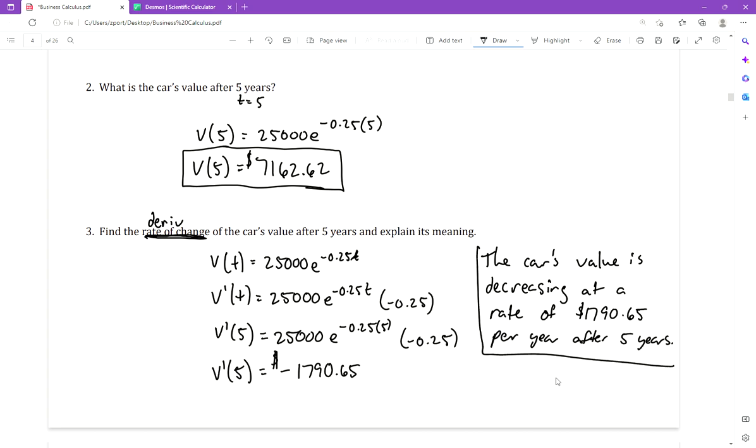Okay, because they did t equals 5, so after that amount. So we can see it's going down by about $2,000, rounding up a lot, after about that time has passed.